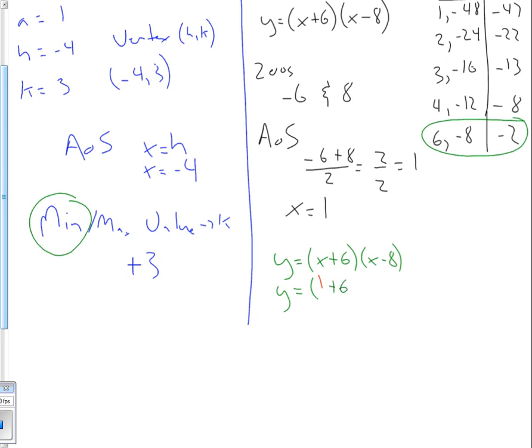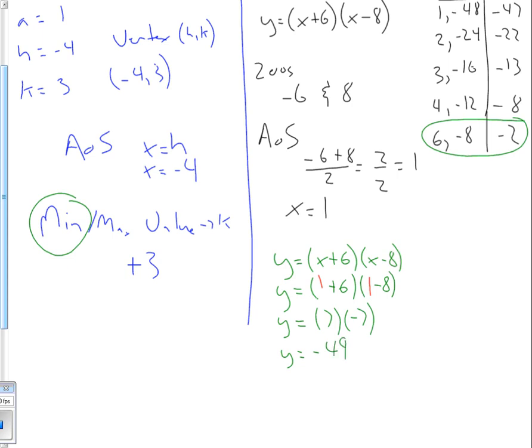So 1 plus 6 times 1 minus 8. So I can figure out what the brackets are. That's going to give me 7 times -7. So the y value is -49.